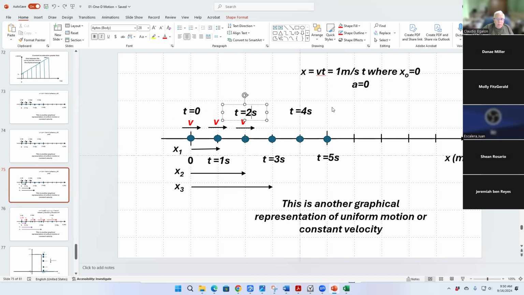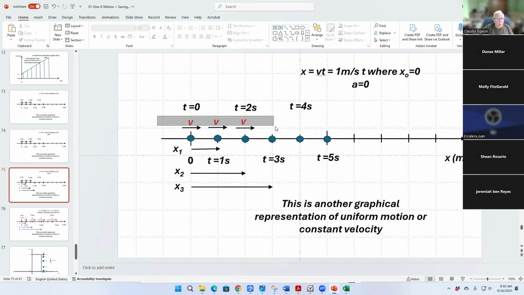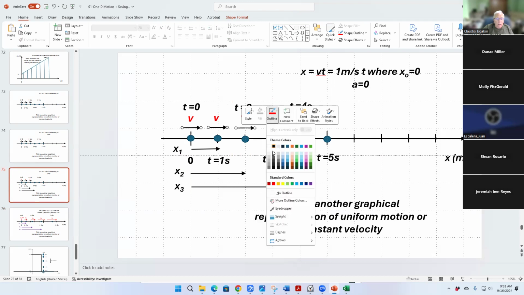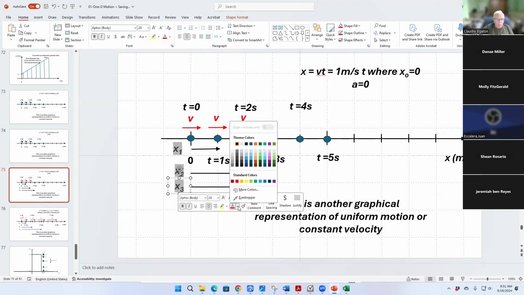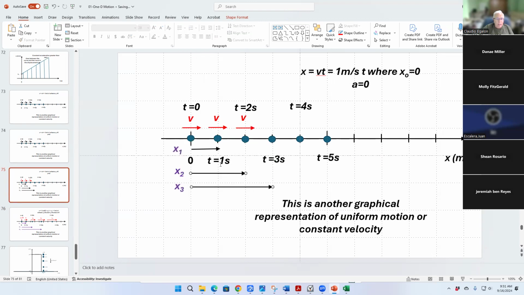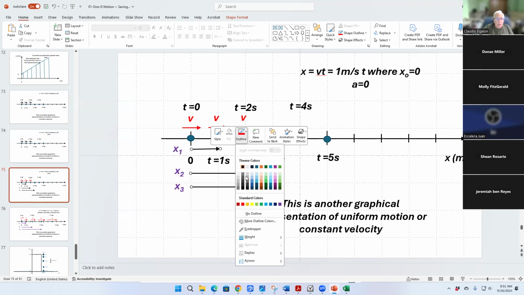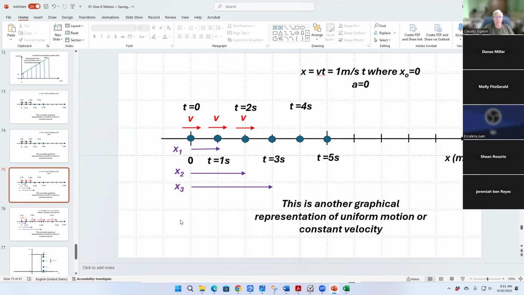Let's raise it here. Need to give a little bit more space here. Okay, now we got it. Like that. And I came up with different colors for the x and their corresponding vector.